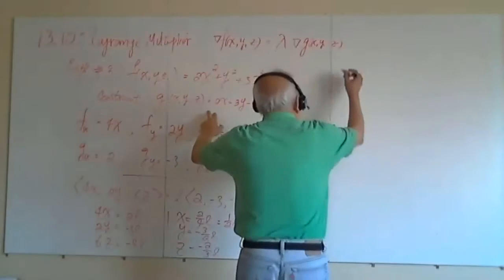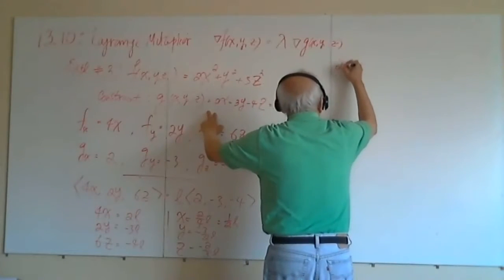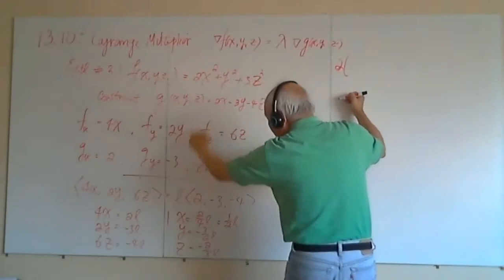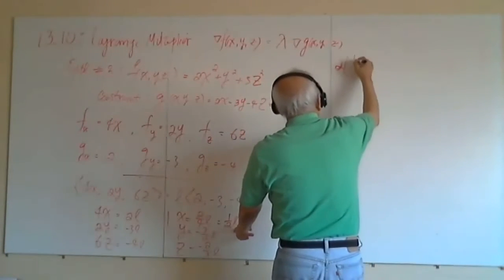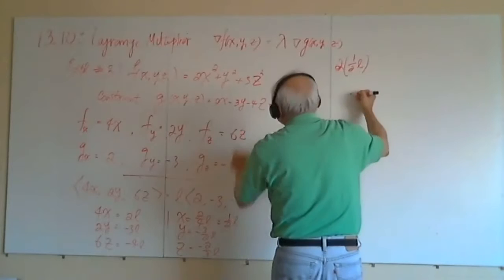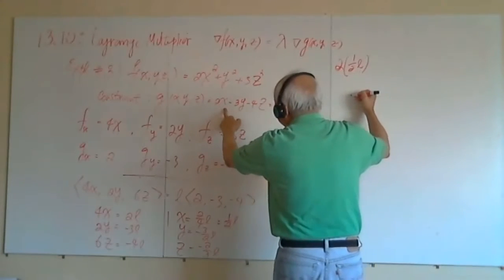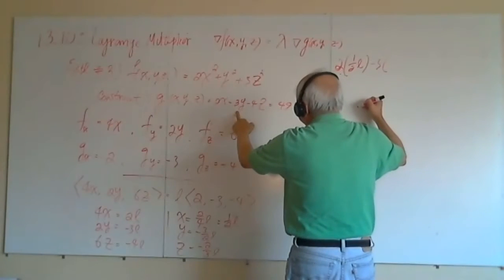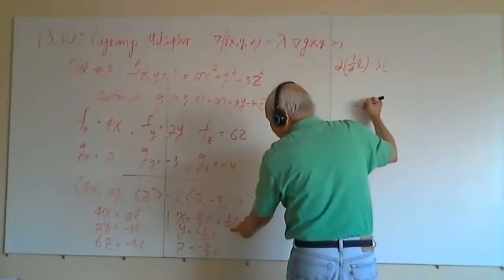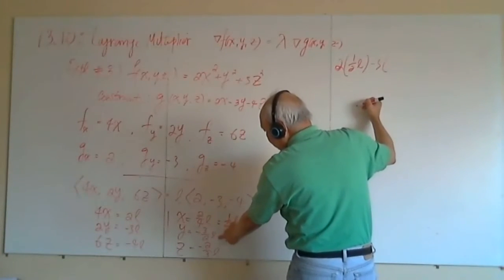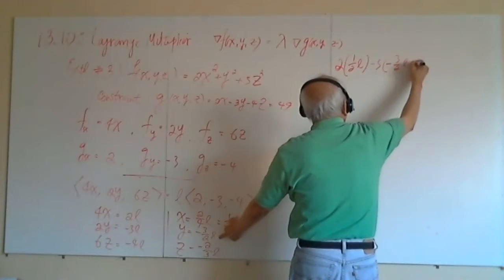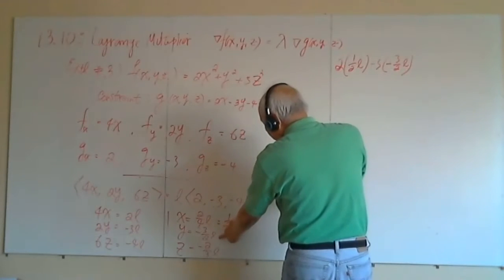So I got here 2. What is X in terms of lambda? X in terms of lambda is 1/2 L. Yes or no? Right. Okay. Now, and then after that here, -3. What is Y in terms of lambda? Well, it's going to be this one, -3/2 L. Can you follow me?